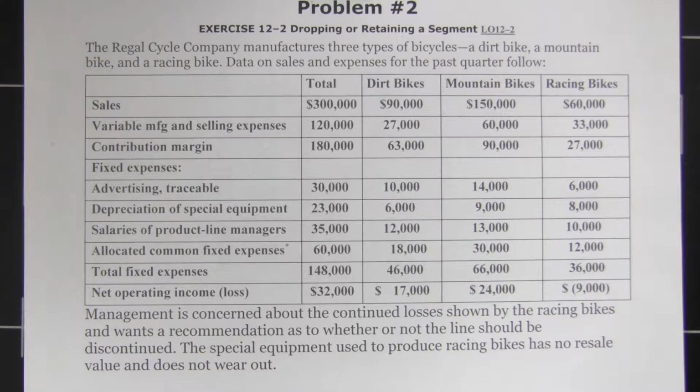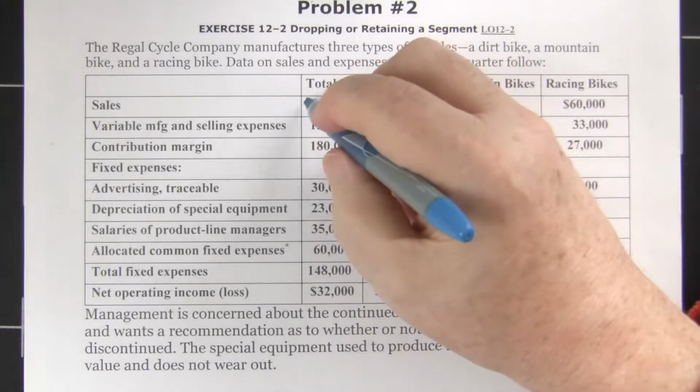Problem 2, exercise 12.2 in your text, is a classic example of decision making based on accounting data. We're given this information for a company called Regal Cycle Company, and if you take a look down the first column, you'll see that that's the total for the company.